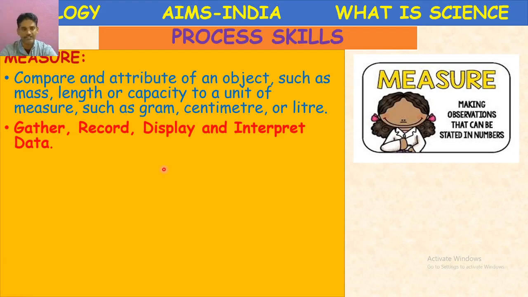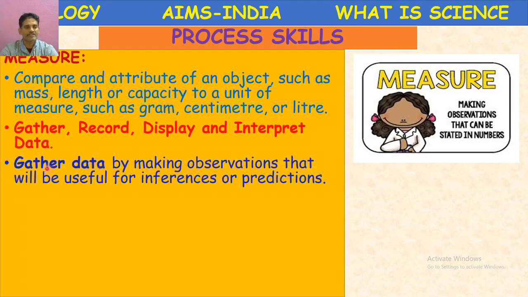That is called interpretation. First, gather data by making observations that will be useful for inferences or predictions. You have to collect the data such that your observations will be useful for results or at least predictions.